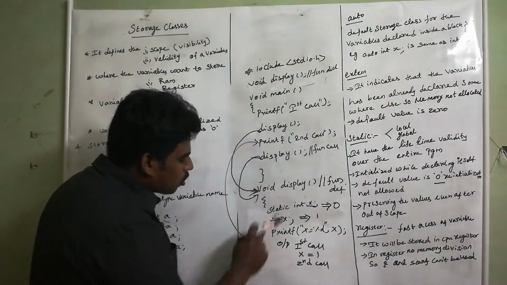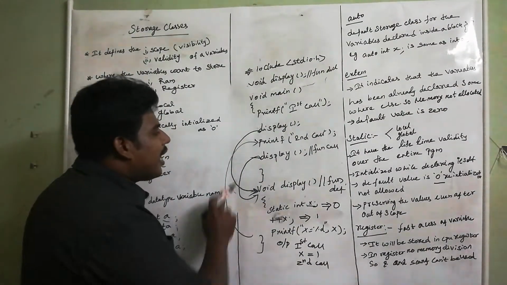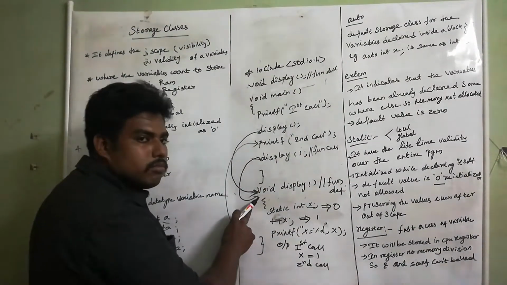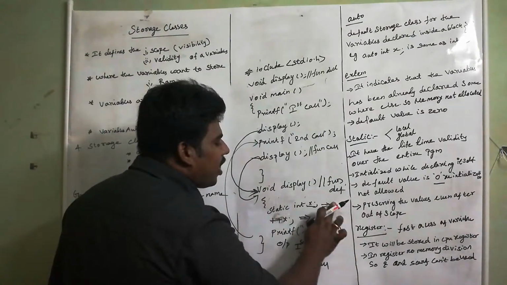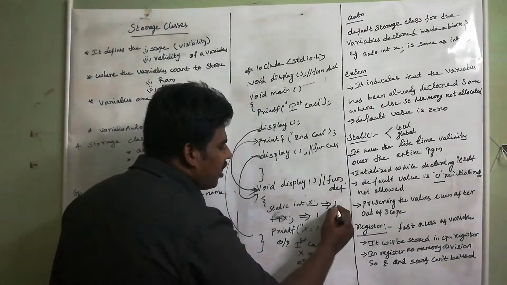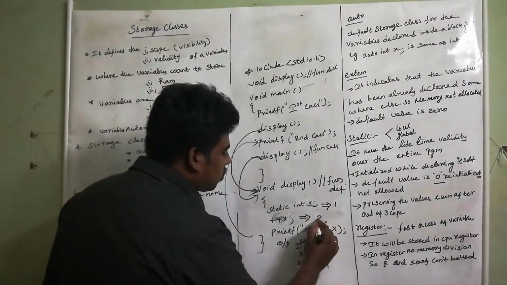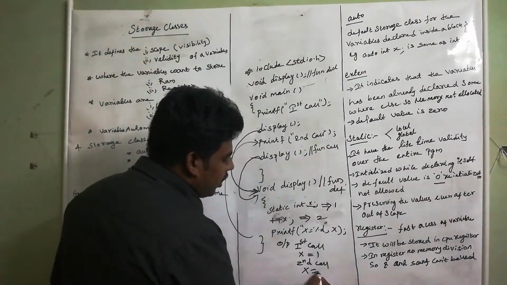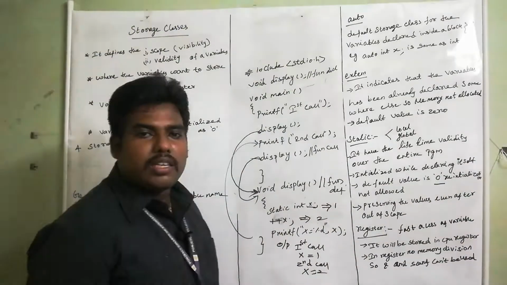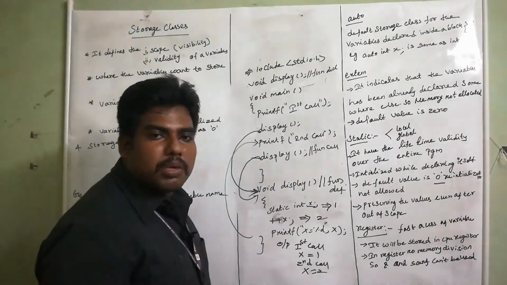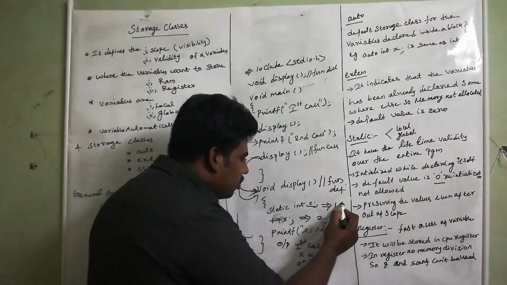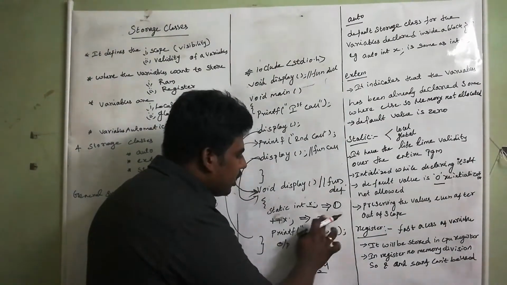The x scope ended here. Again it will go back and come here. But now the x value is not 0. The x value is now 1. So plus plus x is 2. So now the x value is 2. Got it? If you are not using static, again the x value is 0. Here it is 0, here it is 1.